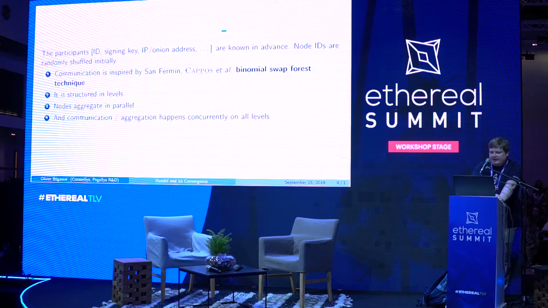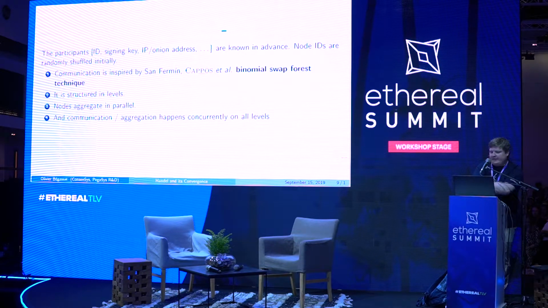Communication is structured in levels, which will become clearer as I show a few pictures. And nodes all do the same job of aggregating. So all the nodes do the aggregation job in parallel of one another. Furthermore, aggregation happens in parallel in all levels simultaneously or concurrently.